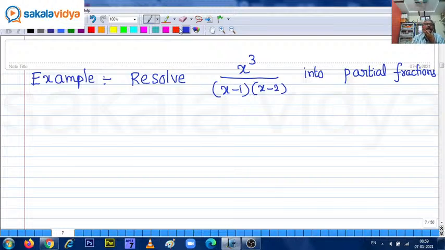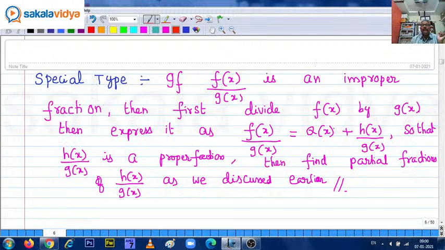Now here you just check: x cube, degree is 3; x minus 1 into x minus 2 means x square. Degree of numerator is greater than degree of the denominator, so it is an improper fraction. Improper fraction means first we need to divide x cube by x minus 1 into x minus 2, so we need to write it in this form: quotient plus remainder by the divisor. Obviously this becomes the proper fraction. Now for the proper fraction we need to find the partial fractions, plus the quotient, and you will get the answer.